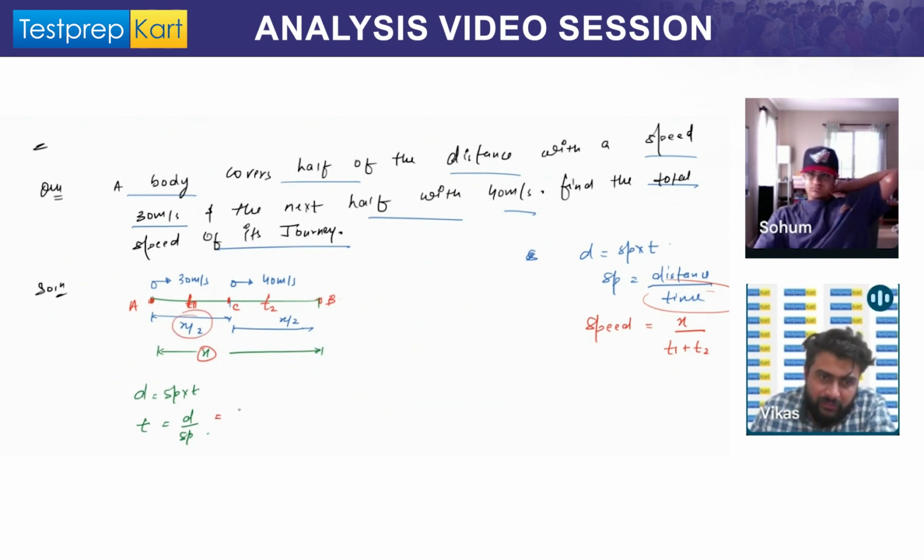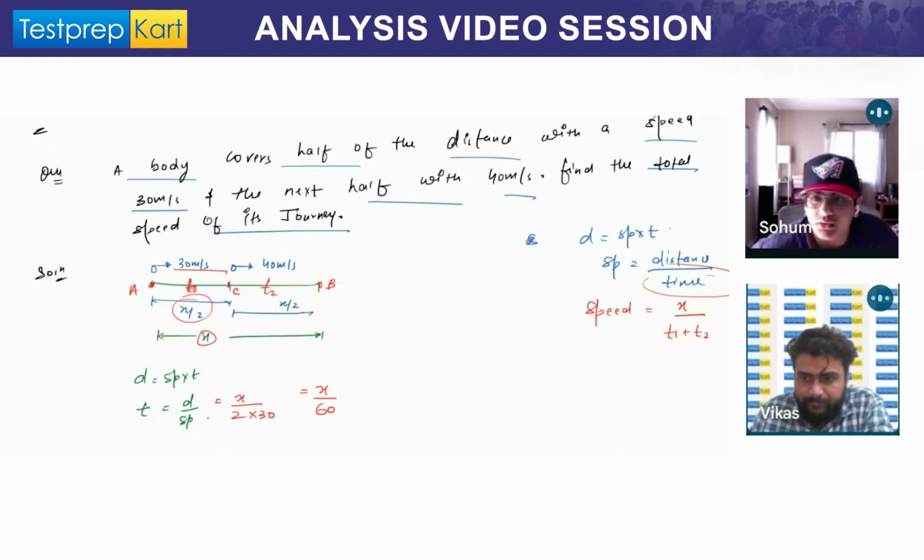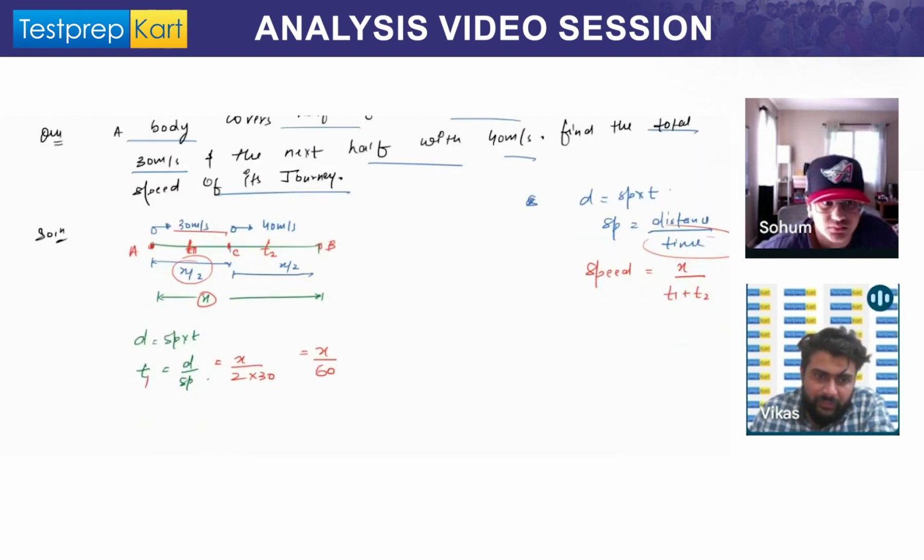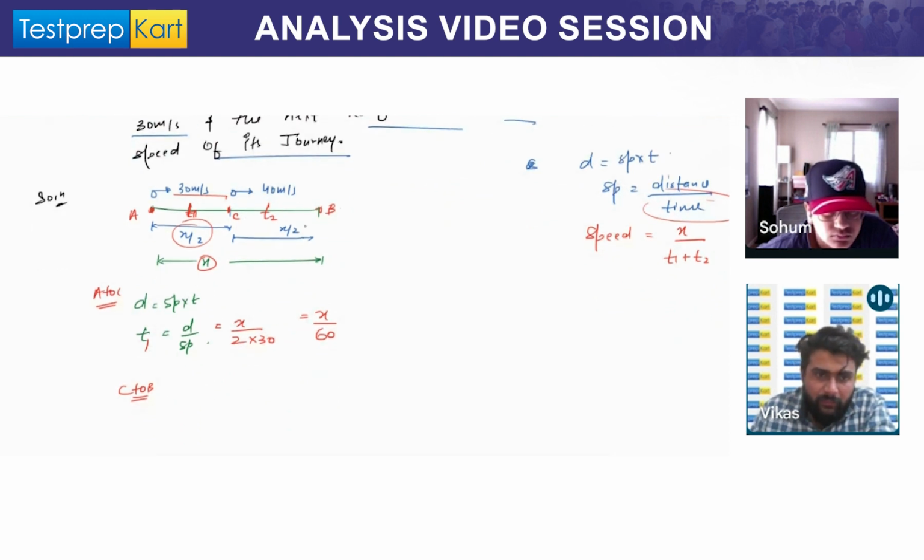For the first half, the distance is x by 2 and the speed is 30, so T1 becomes x by 60. For C to B, the distance is x by 2 and the speed is 40, so T2 is x by 80.